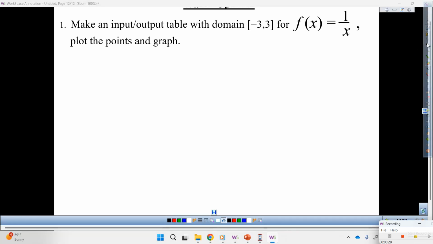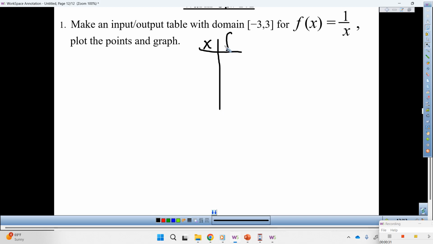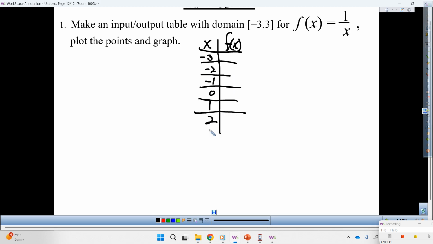All right, for the sake of time, I'm going to get started. Number one, it says make an input-output table with a domain -3 to 3. So x, f of x, -3, -2, -1, 0, 1, 2, and 3.